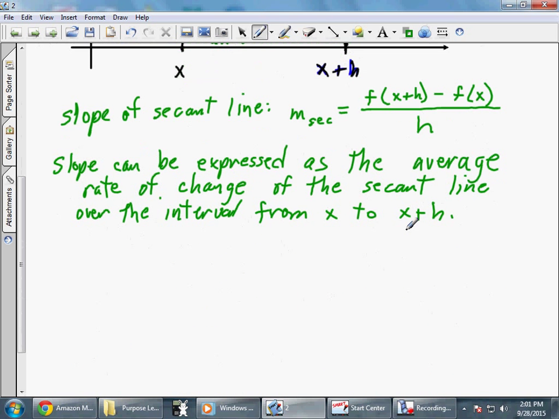The limit. The limit as h approaches 0. Stay with it, everybody. The limit as h approaches 0 of f of x plus h minus f of x over h.